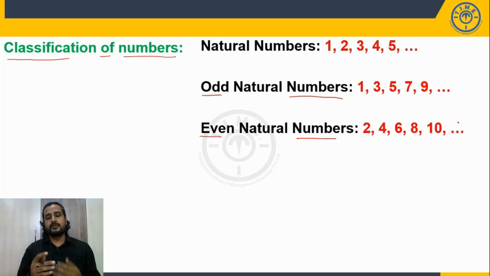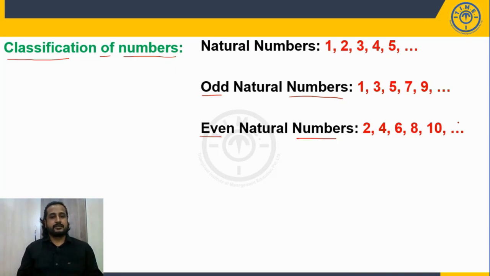The next point is very important for the number series topic: prime numbers. Which numbers do we call prime numbers? The numbers which are divisible by 1 and itself, or the numbers which have only 2 factors, 1 and itself.